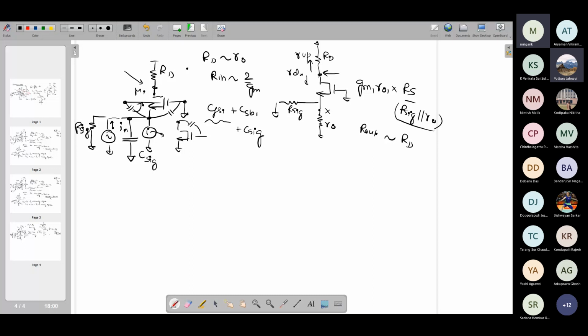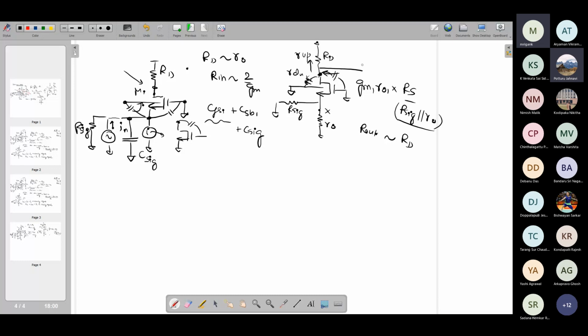Then you have the net capacitance at this node, which is mostly given by CGD and CDB of the MOSFET, assuming the body is AC ground. These capacitances are relatively small, because CGD of a MOSFET is significantly smaller than CGS, and CDB is further smaller.